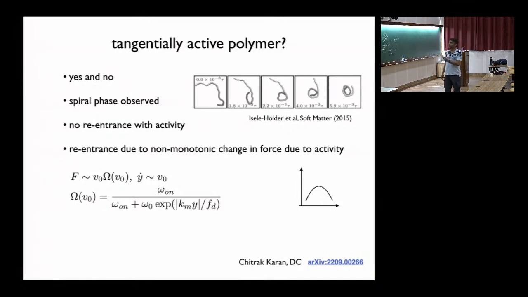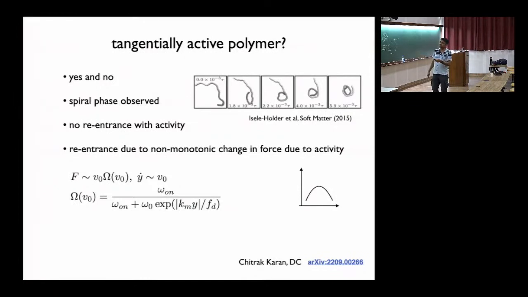One can ask: if I think about a filament being driven by molecular motors, which tangentially move along the filament, why can't I just model it as a tangentially active polymer, a polymer which just has a tangential activity and moves along its heading direction?